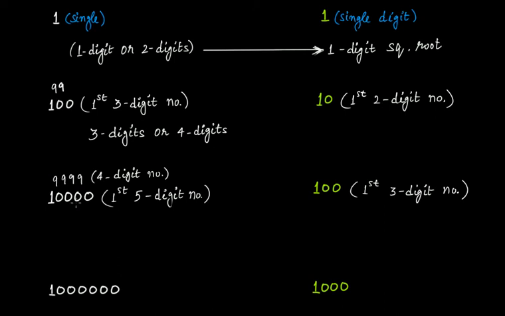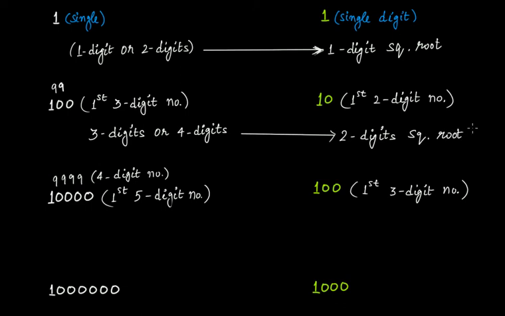It means that the square roots of the square numbers that come between 100 and 9999, including these two numbers, will have two digits only, because three digits start from here. So three digit or four digit square numbers will have a two digit square root.